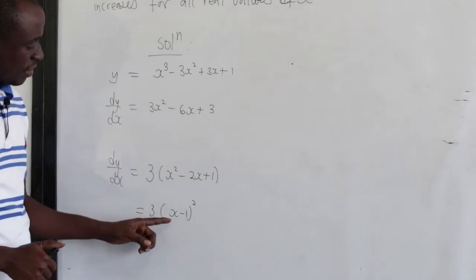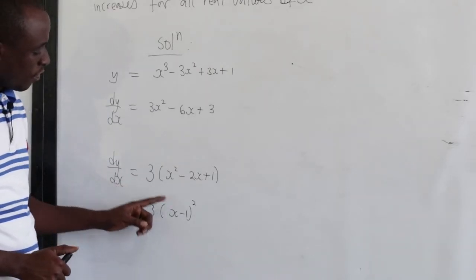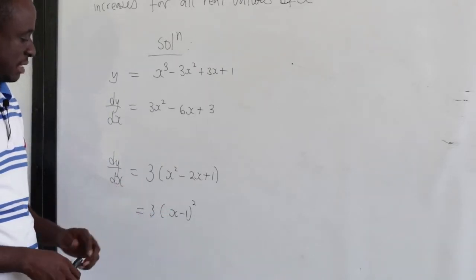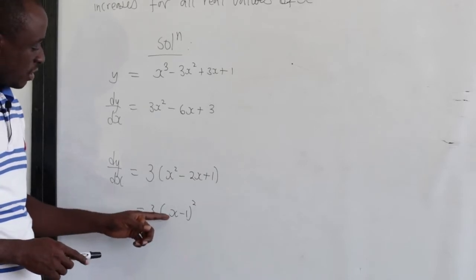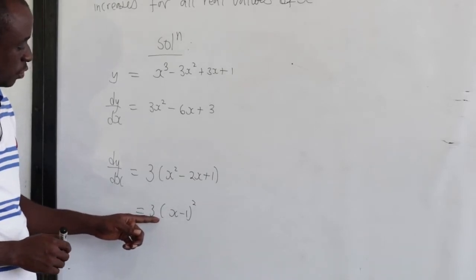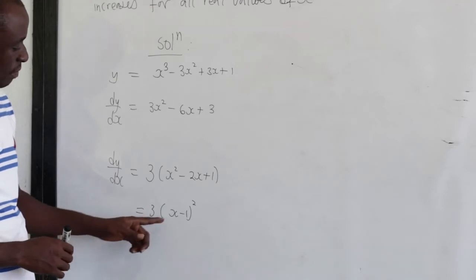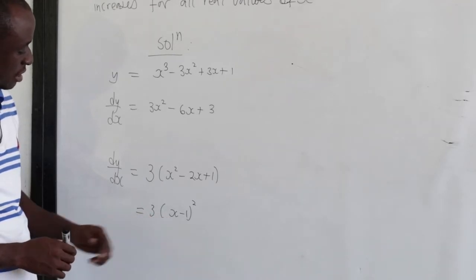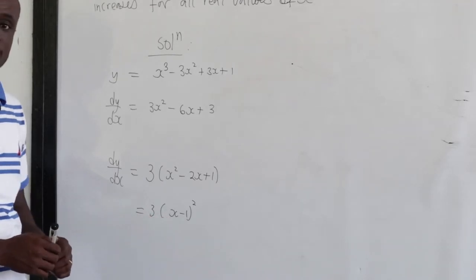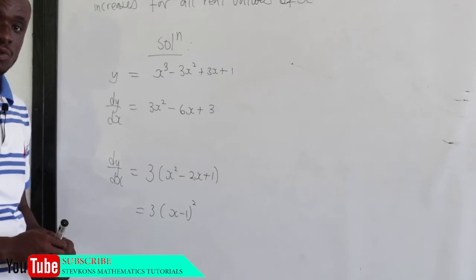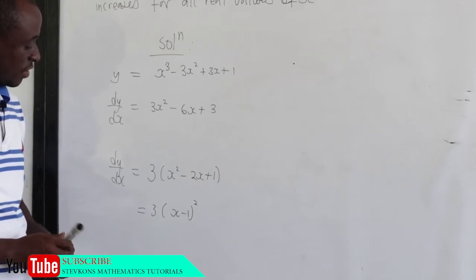Now, here, for all values of x, we can see that if we choose all values which are greater than 1, we know that this is an increasing function. There's no way that this is going to be a decreasing function.